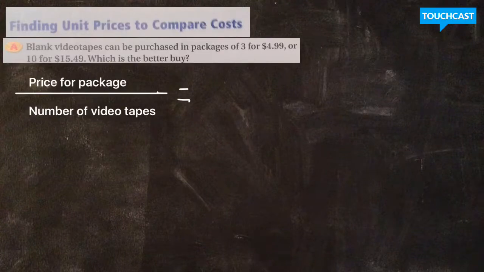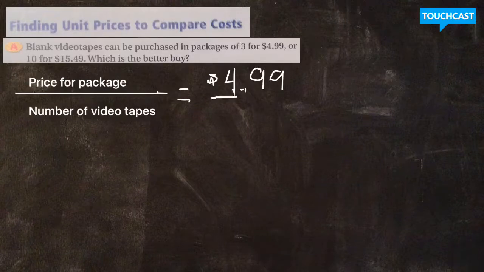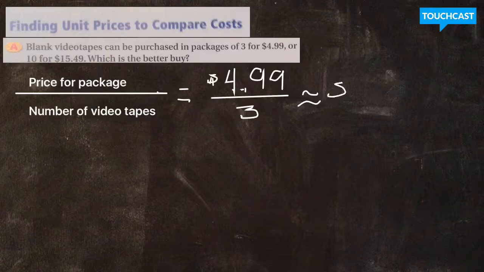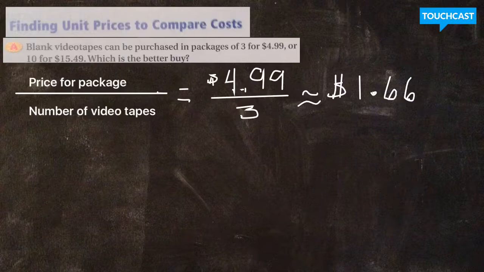It costs $4.99 for 3 videotapes. If we find the unit price, that means we're going to actually do the division. $4.99 divided by 3 is going to give us about $1.66 per videotape. Now we're going to also do that for our other package.